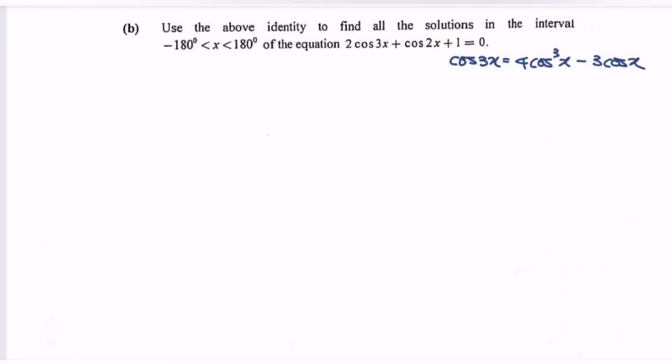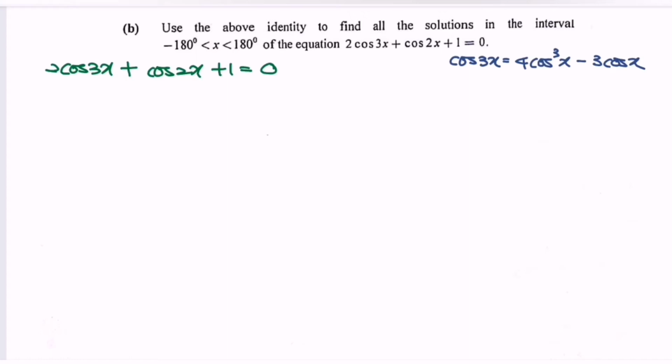Next, we move on with the second part. Use the above identity to find all the solutions in the interval for the equation 2 cos 3x plus cos 2x plus 1 equals 0. So kindly focus on this part, where we have 2 cos 3x plus cos 2x plus 1 equals 0. Make use of the expression in blue color.